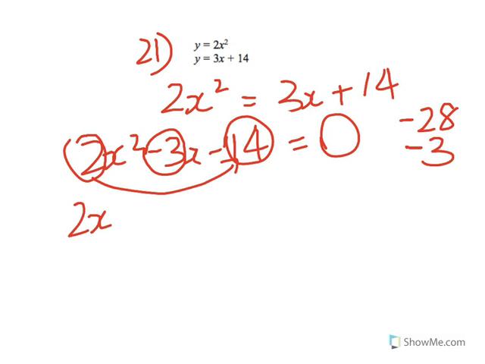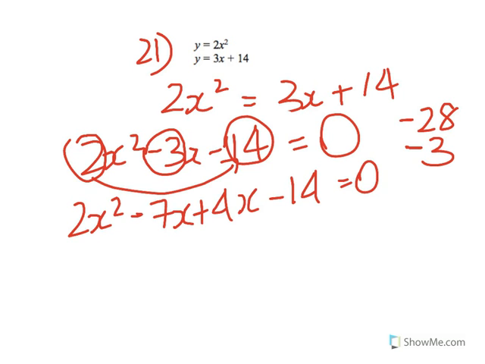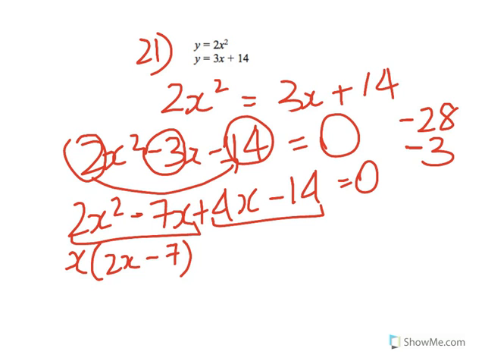So you just split this original equation into 2x squared minus 7x plus 4x minus 14 is equal to 0. So now you factorize each pair separately. You take the highest common factor, x, and you're going to get x times 2x minus 7, plus 2, which is the highest common factor, times 2x minus 7.